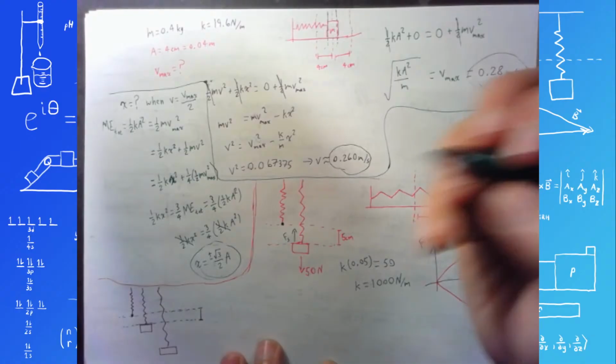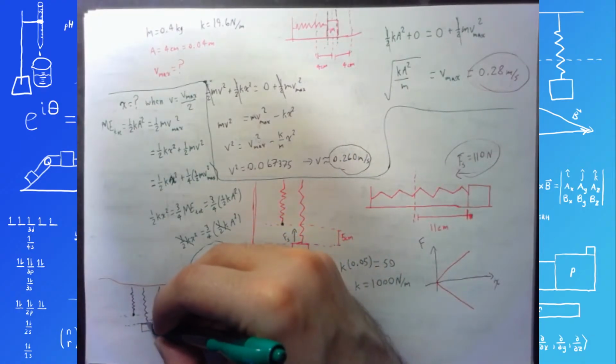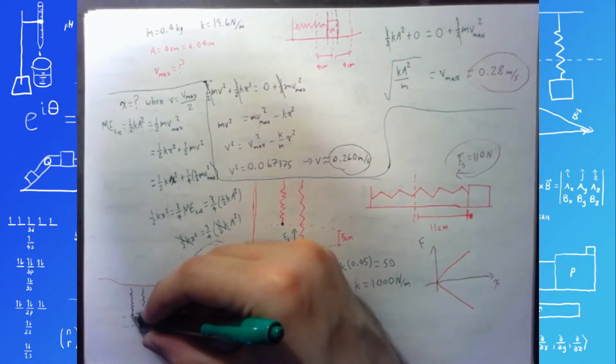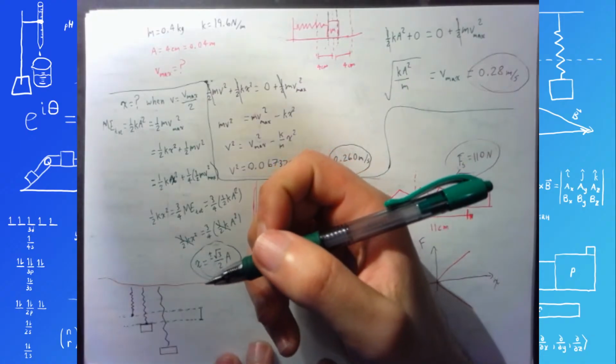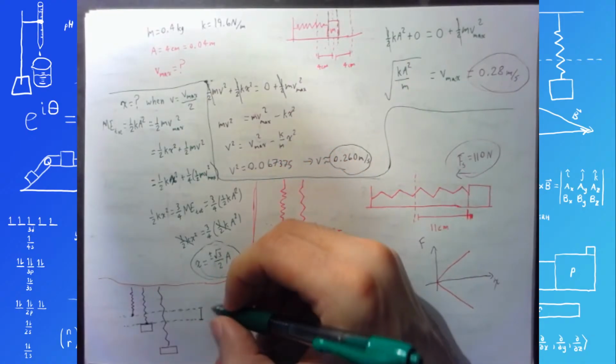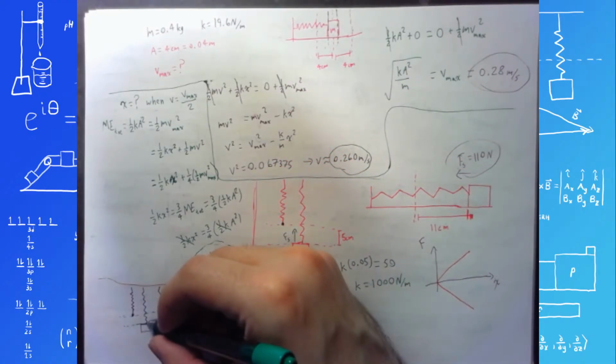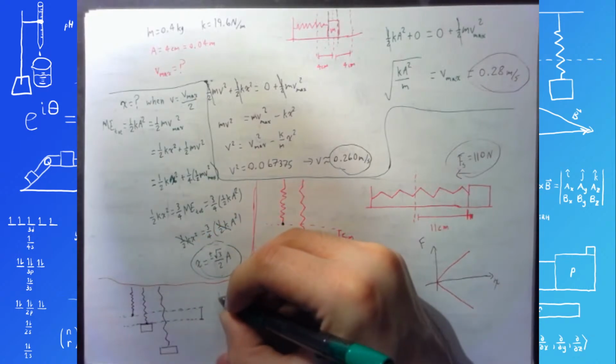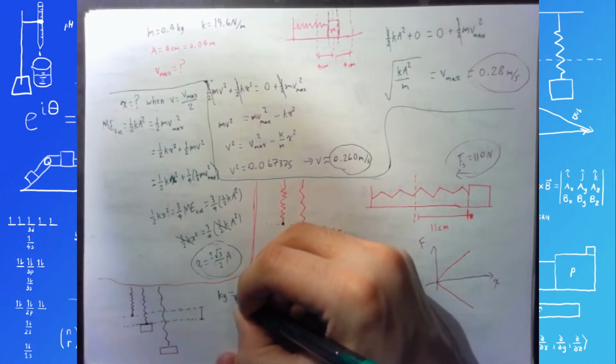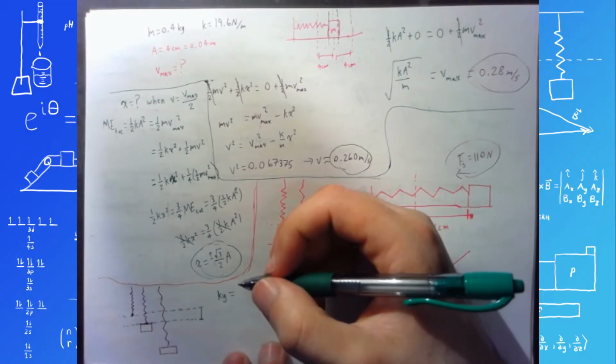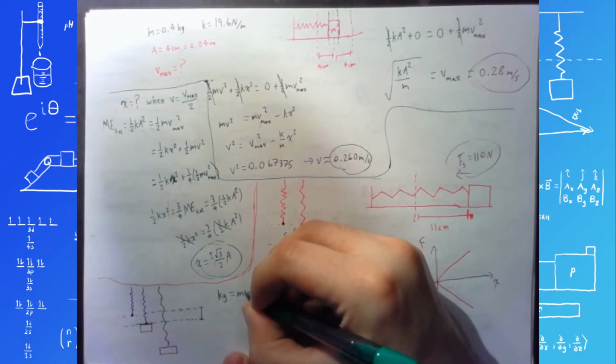Well, this point over here, I can figure out how far it is from here by simply doing, this is the point where kx, or I guess in this case ky, if we want to be pedantic about it, is equal to mg.